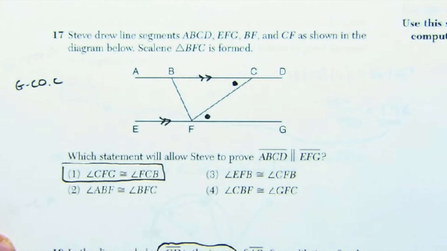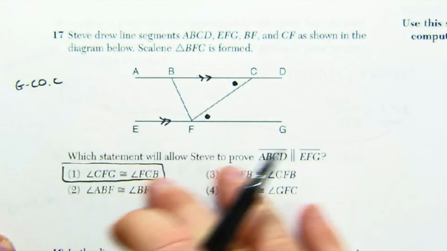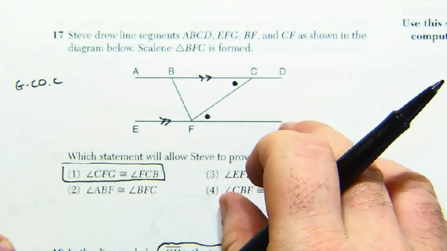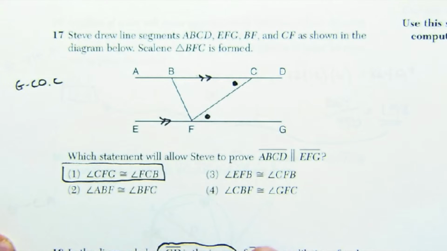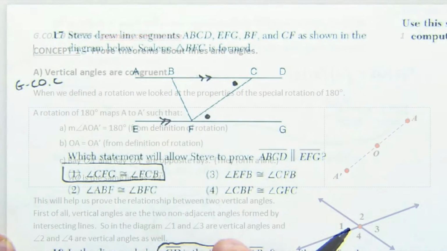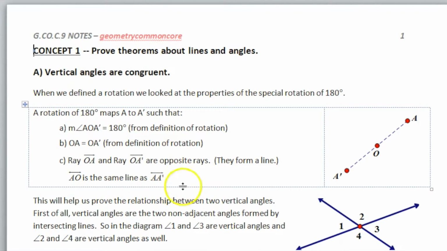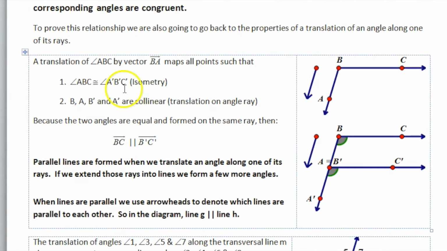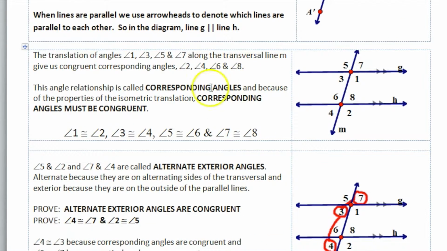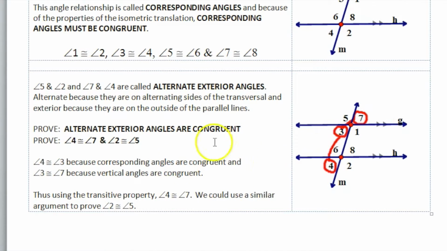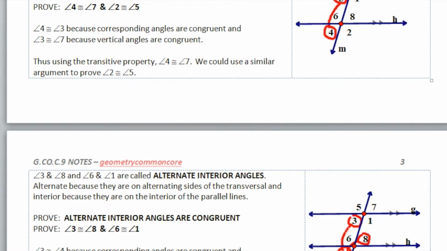We'll look at the notes where we establish the relationships found in a transversal when it cuts two parallel lines. Underpinning concepts here in this question are well set up in our notes. In C9, we definitely get into parallel lines, and how corresponding angles are formed through a translation down an array. We talk about corresponding and alternate interior, and all of those things are set up.